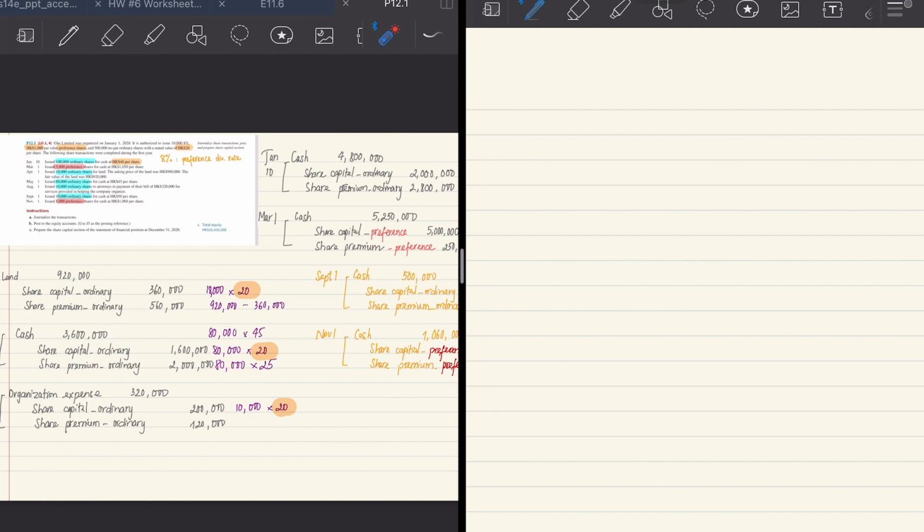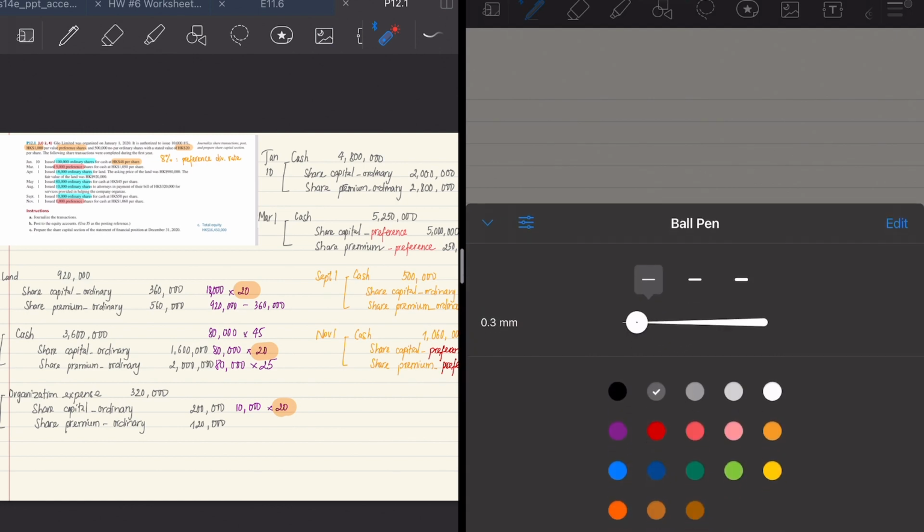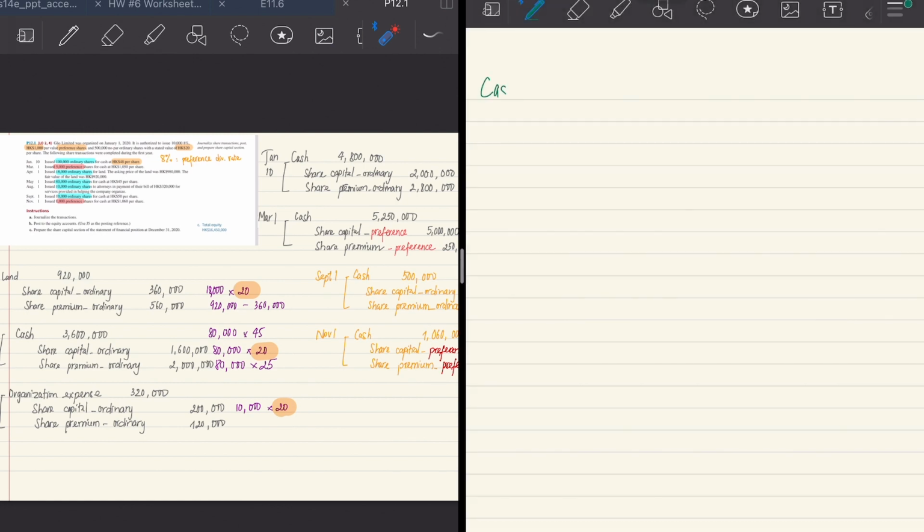Here we have cash, share capital ordinary, share premium ordinary, share capital preference.